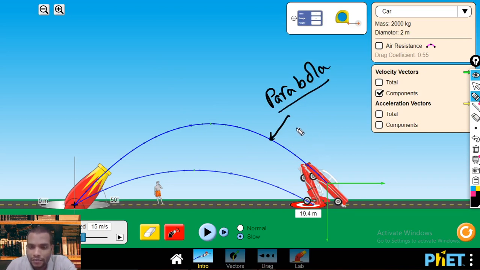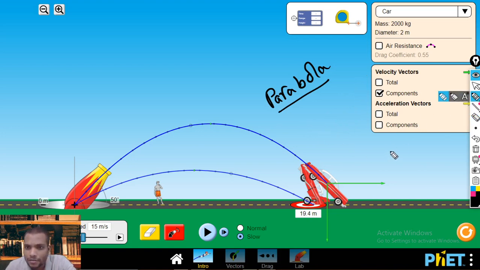The expression for a parabola is a quadratic equation, y equal to ax minus bx square, where a and b are two constants. So what we derived is that the equation of trajectory is a parabola.